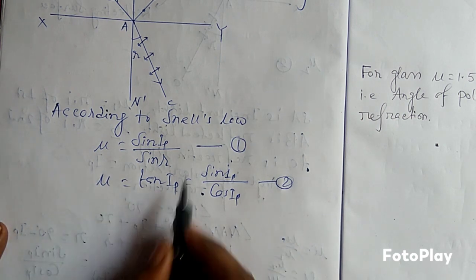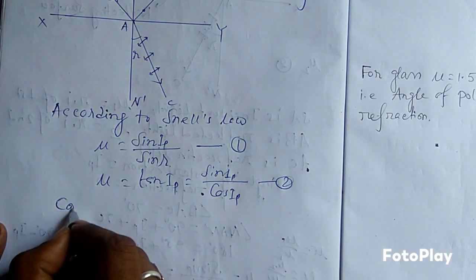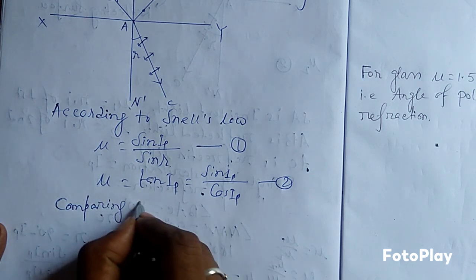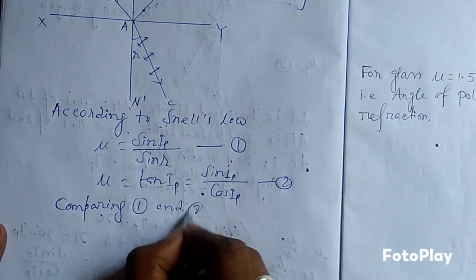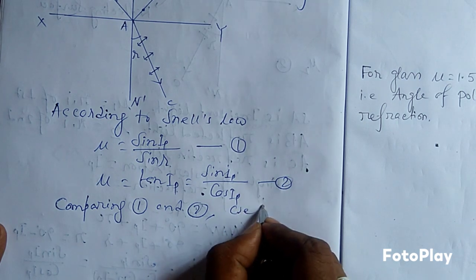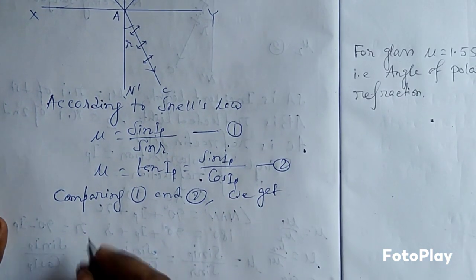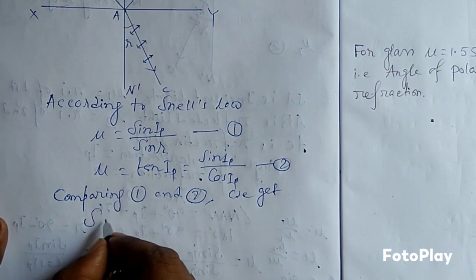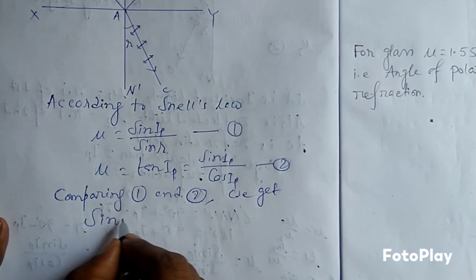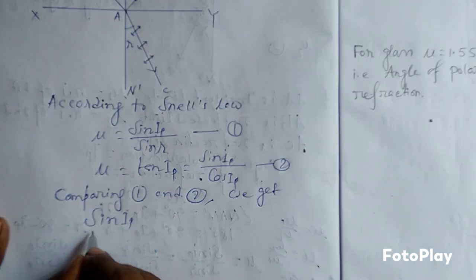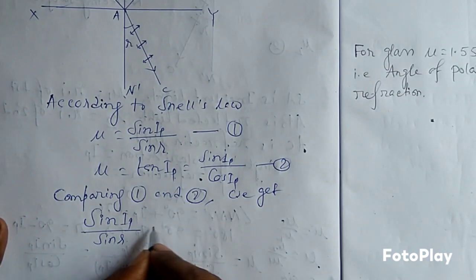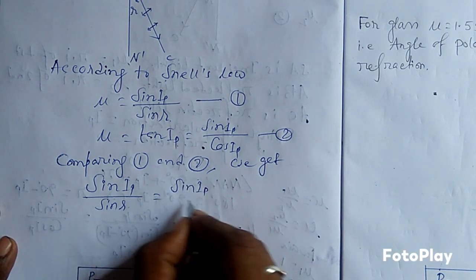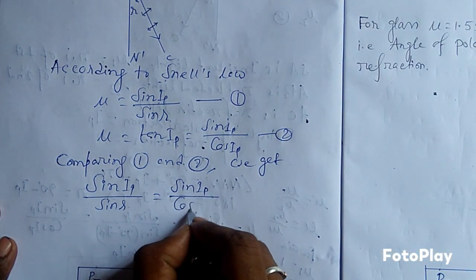Comparing 1 and 2, we get sine IP by sine R equal to sine IP by cos IP.